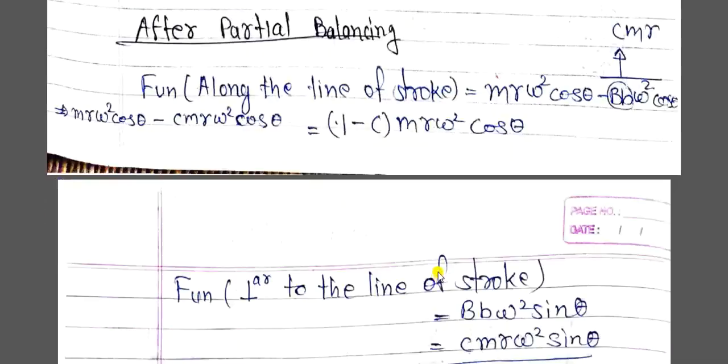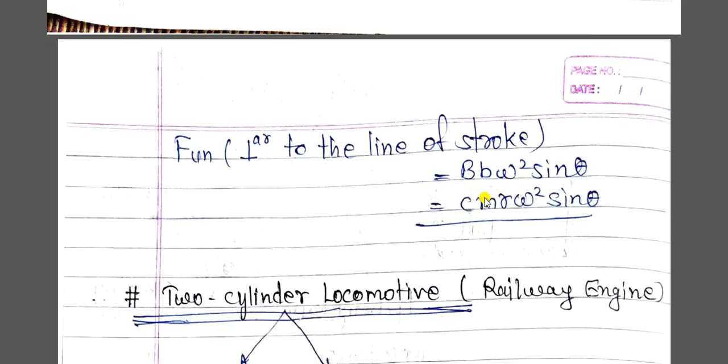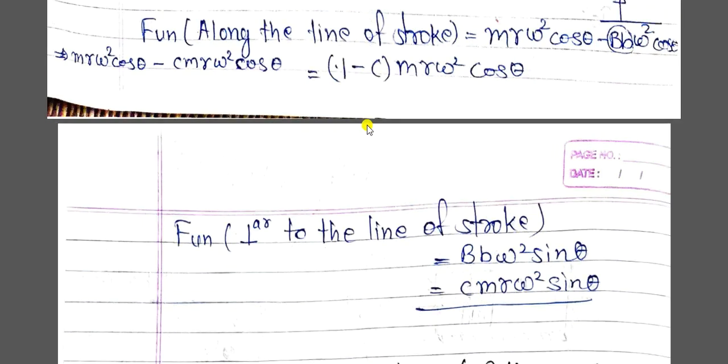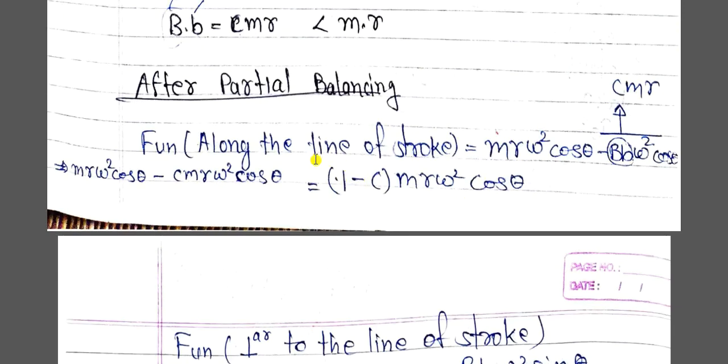So in the vertical direction, the unbalanced force is b b omega square sine theta, and b b is equal to C into M, where C is the fraction, M is the reciprocating mass, r is the crank radius, and omega is the angular velocity. So this is the unbalanced force perpendicular to the line of stroke, and this is the unbalanced force along the line of stroke.